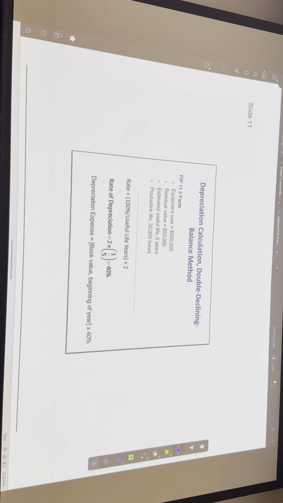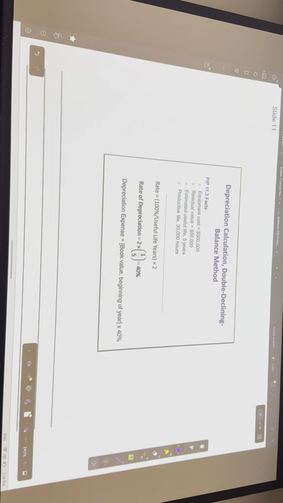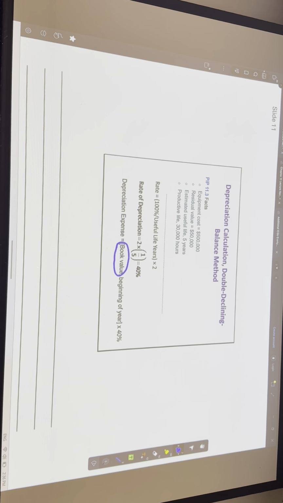Okay? And here, see the calculation, it's always book value, it's never the depreciable amount. What's the difference here, you guys? It's that residual value. You don't include that in your calculation, because the depreciable amount is cost less residual value.